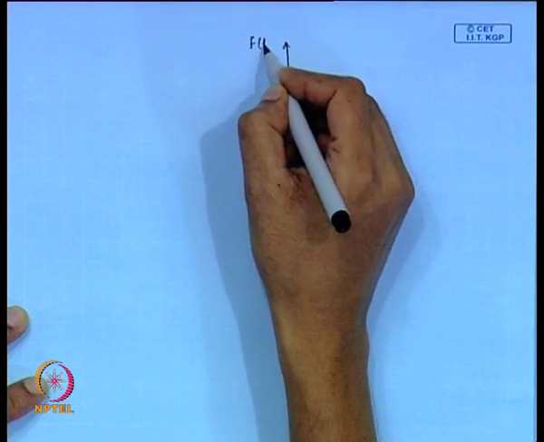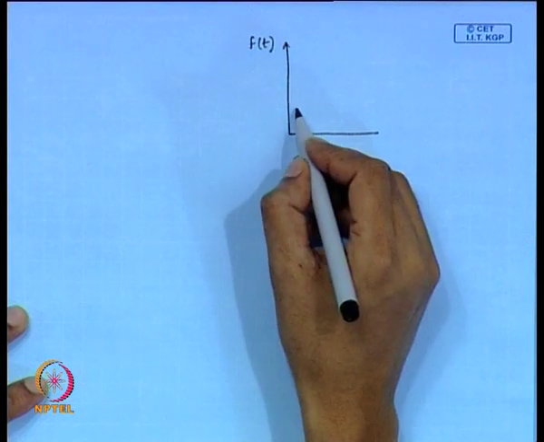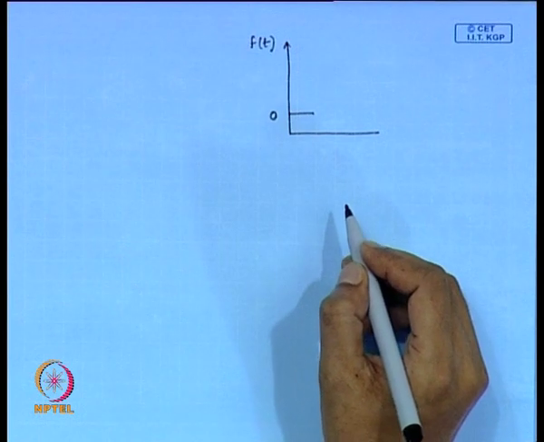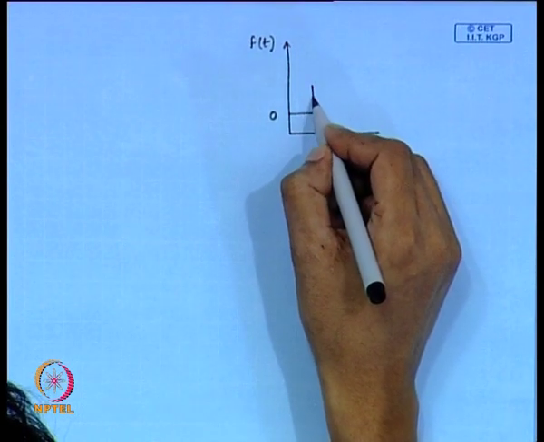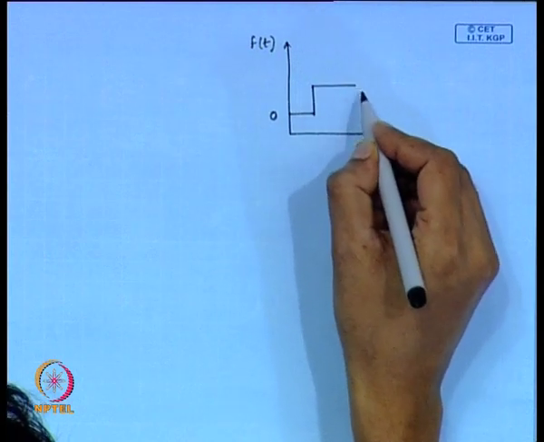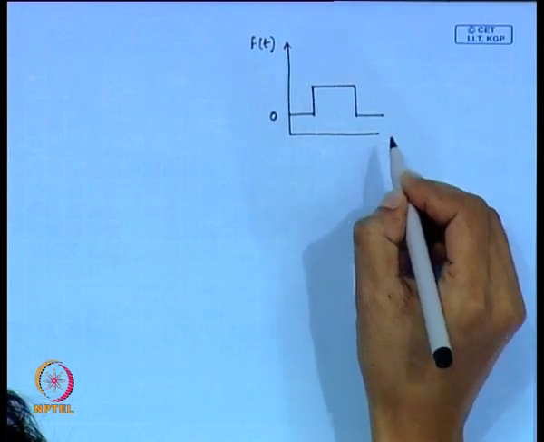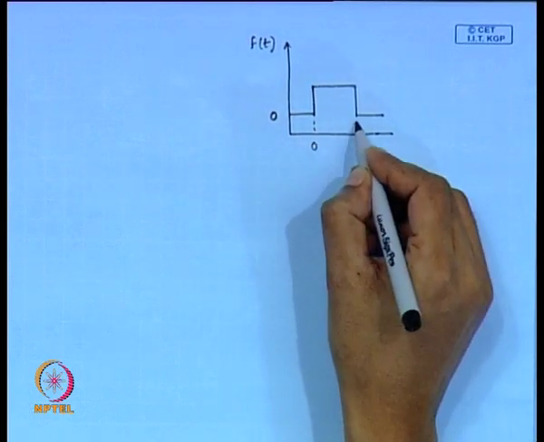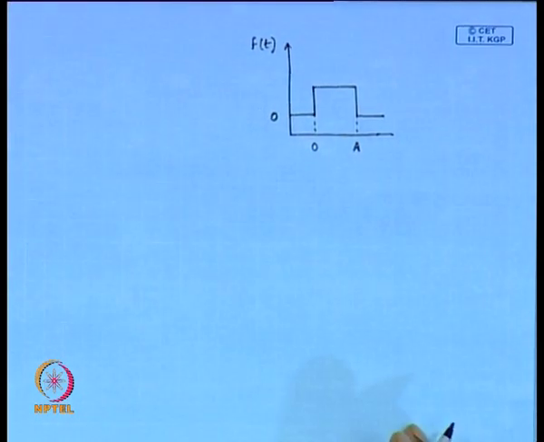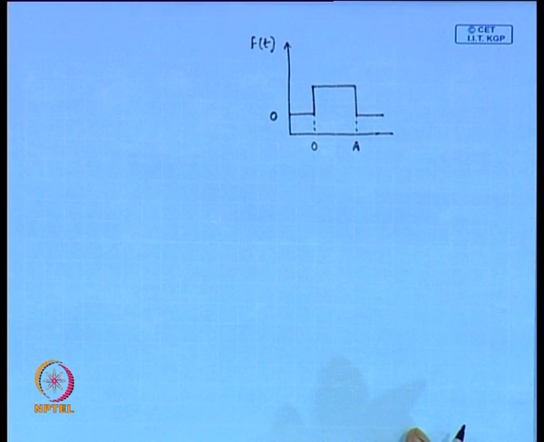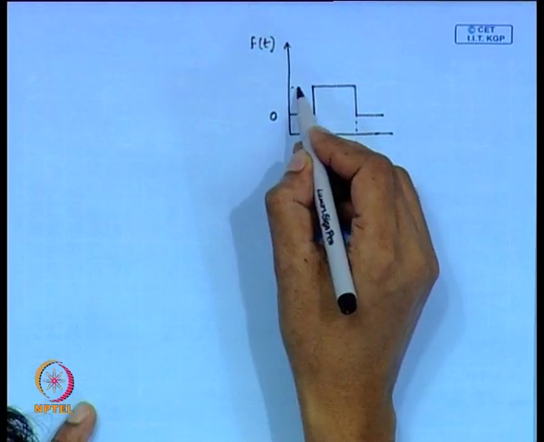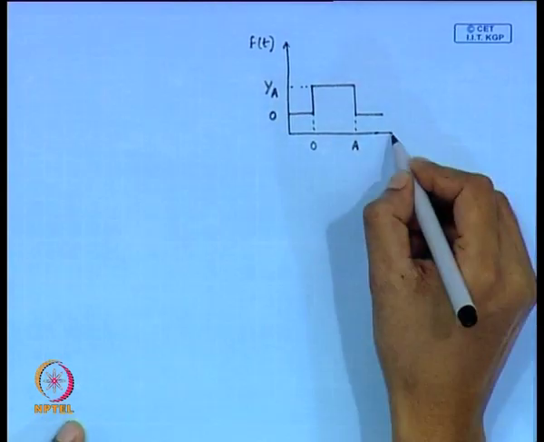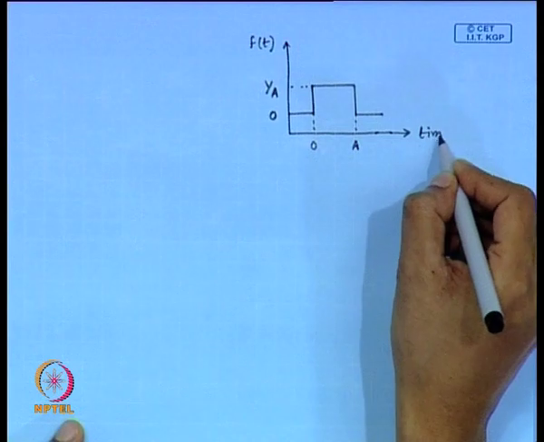This is f(t), 0 initially, then this time step is a, and we are considering here a height of 1 by a, and this is time t.